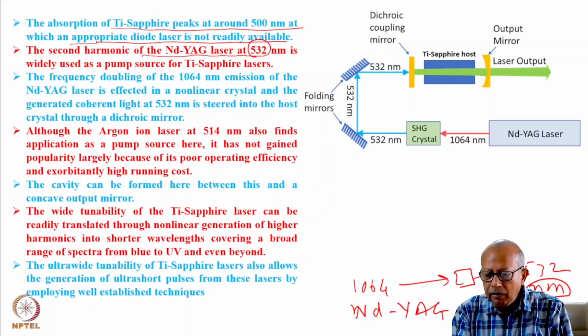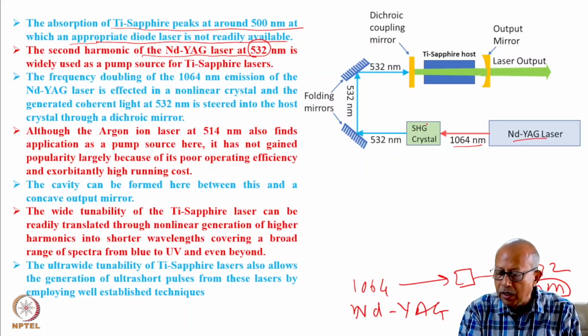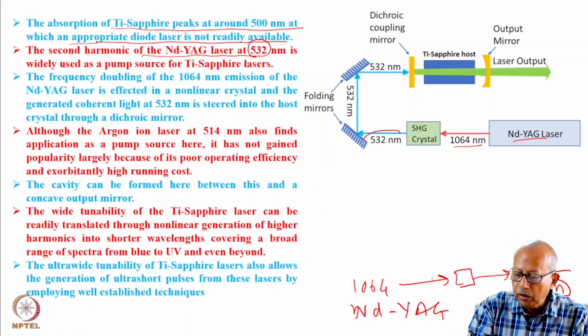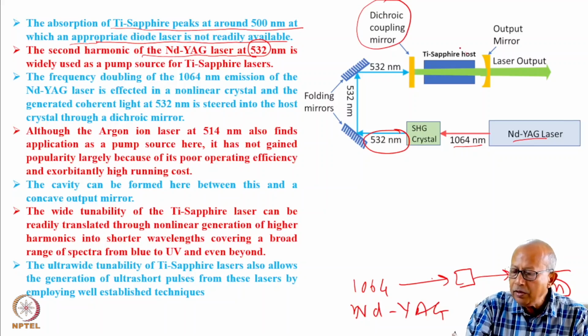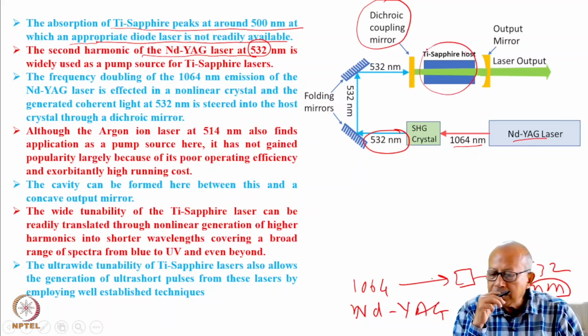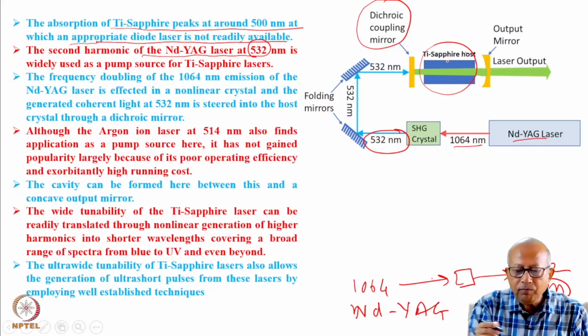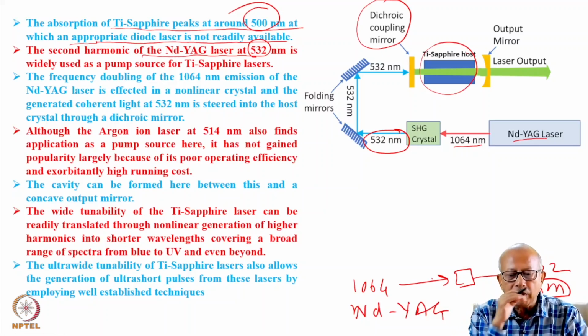This green light, from the 1064 nanometer Nd:YAG laser through a second harmonic generation crystal, is converted into 532 nanometer, which will pump it. Couple it through a dichroic mirror, which transmits 532 nanometer into the lasing medium, and you achieve pumping, because it can be pumped at around 500 nanometers, so it is very close to the pumping wavelength.